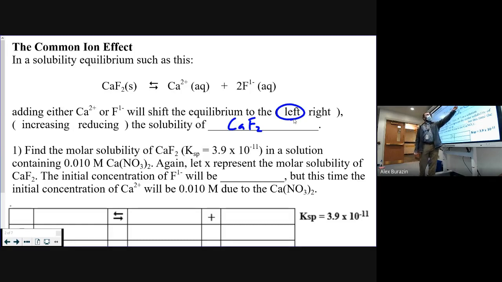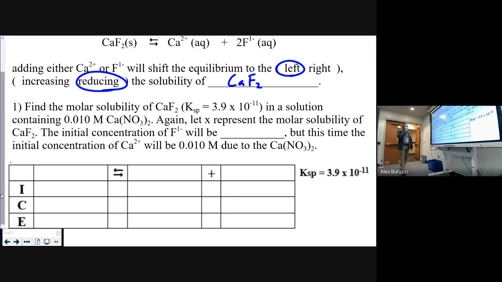What's on the right side? Which side represents things being dissolved? That side. Which represents things not being dissolved? That side. So if I'm shifting left, I'm getting less stuff dissolved. I'm shifting towards the solid. So it is less soluble, right? So that would be a reduction in the solubility. Does that make sense? It's a matter of like, this is not dissolved, that is dissolved. I'm going that way. Okay, that sounds like I'm dissolving less stuff. To put it in very, very simple terms. Make sense?